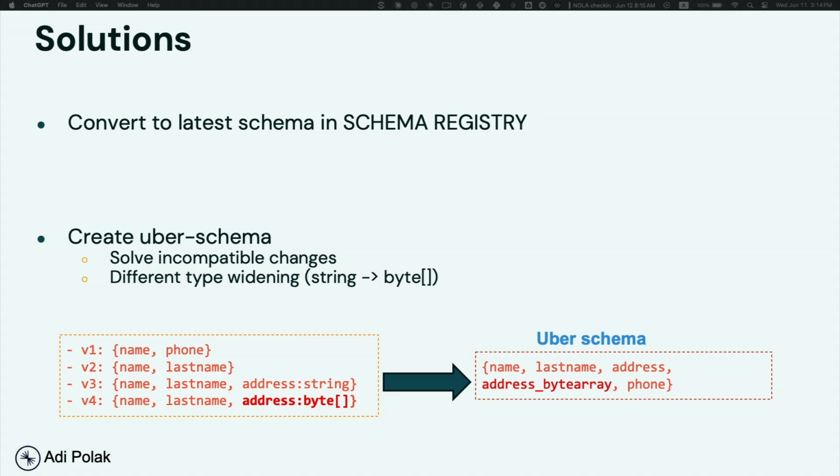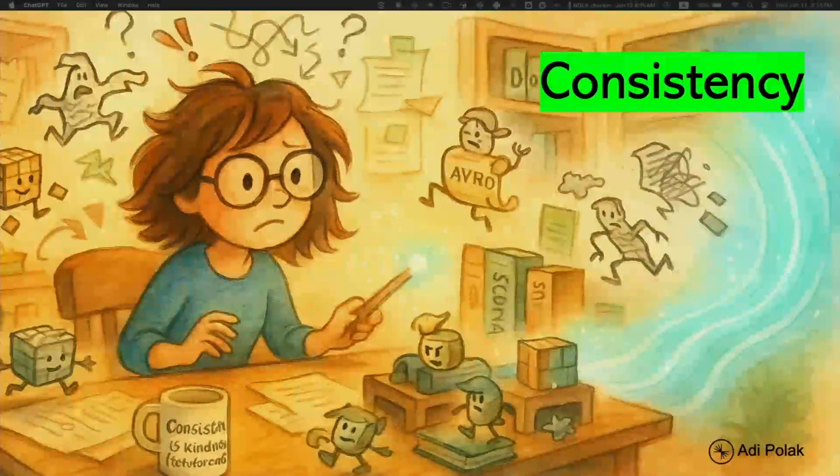Each one of these columns is going to have a dedicated column in my Uber schema. Yes, even if I have the same address, but one address came in as a string and the other address came in as a byte, I'm still going to represent them in my Uber schema. Here specifically the address as a byte array and the address as it was originally. So this is another solution of how we can make sure we're avoiding any data loss.